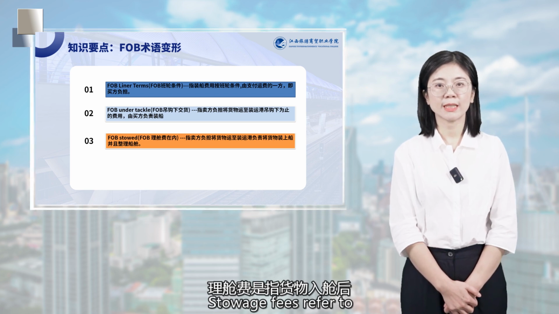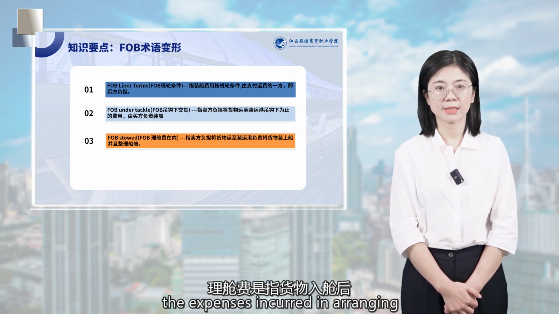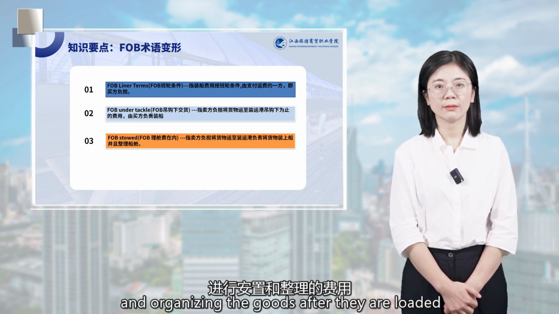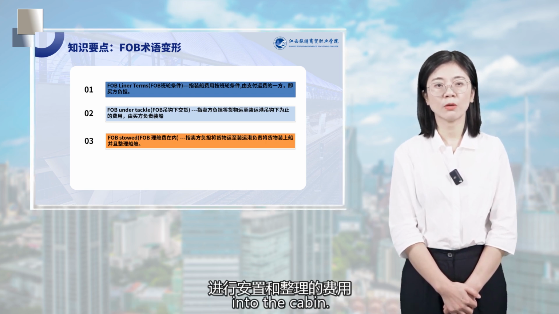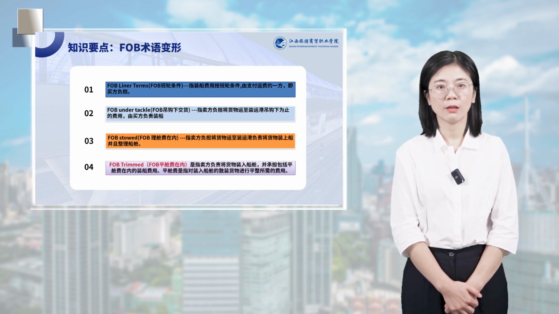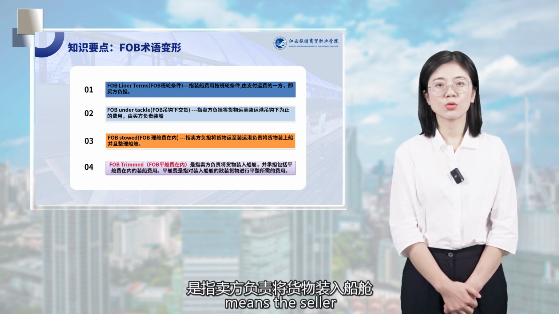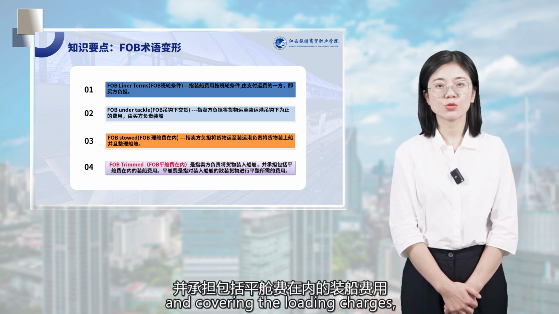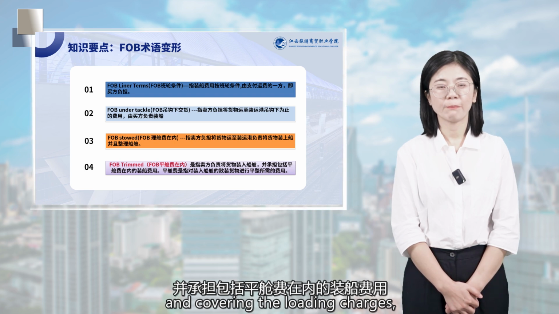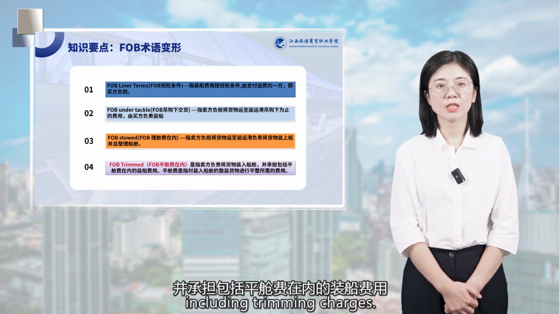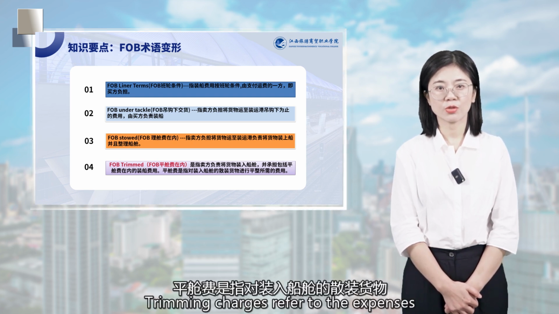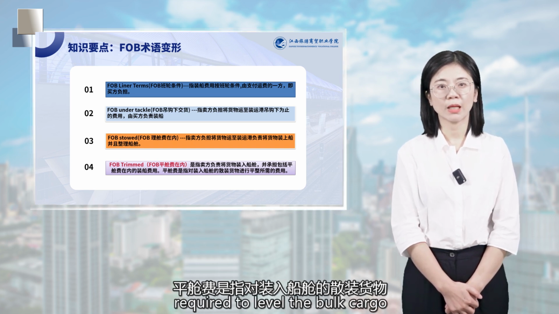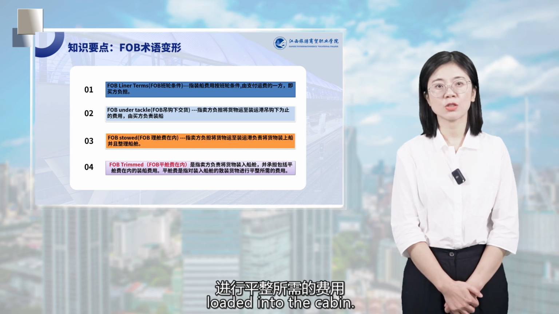Stowage fees refer to the expenses incurred in arranging and organizing the goods after they are loaded into the cabin. FOB trimmed means that the seller is responsible for loading the goods onto the ship and covering the loading charges, including trimming charges. Trimming charges refer to the expenses required to level the bulk cargo loaded into the cabin.